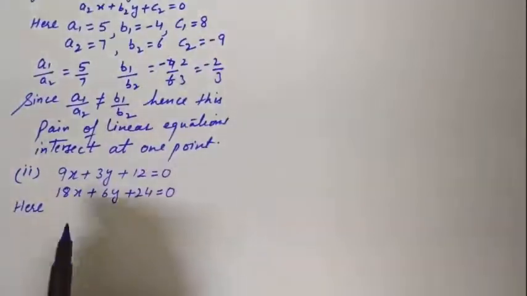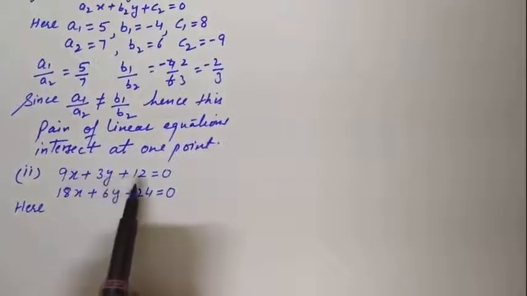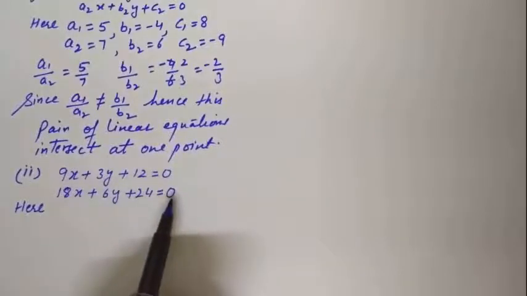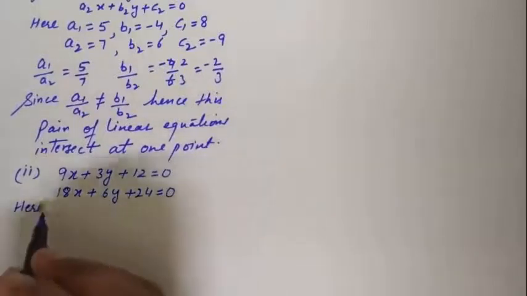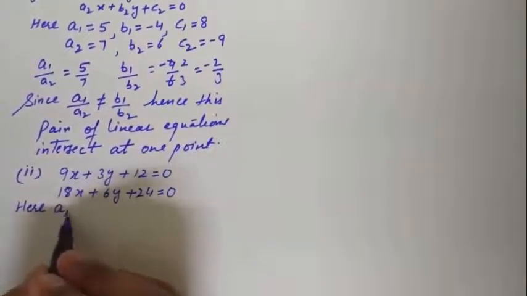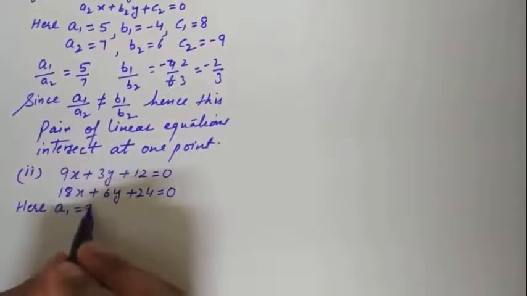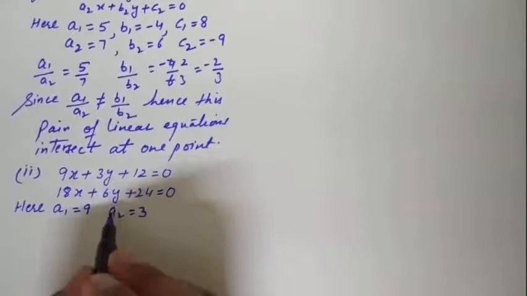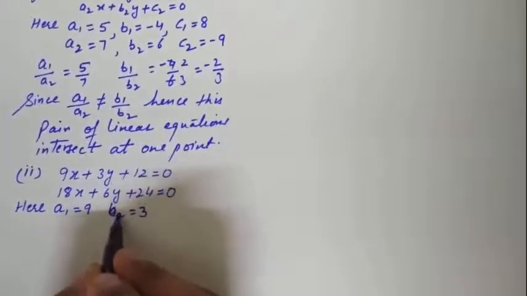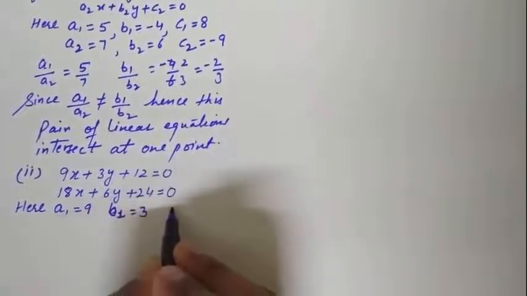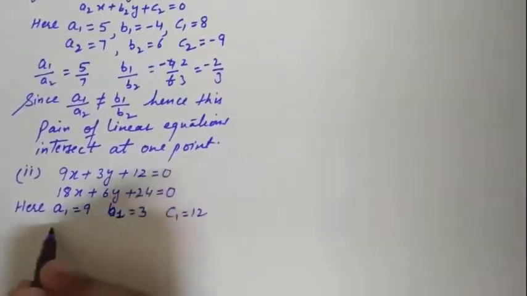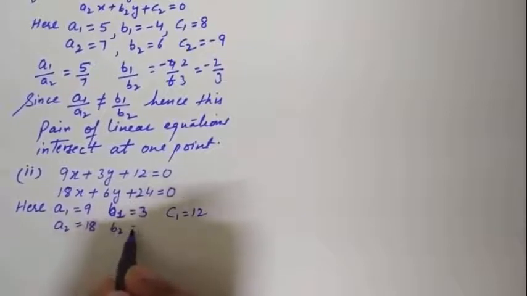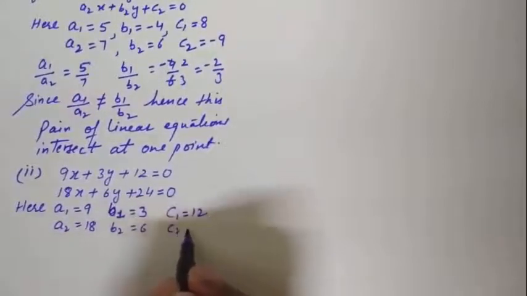So the second part is 9x plus 3y plus 12 is equal to 0 and 18x plus 6y plus 24 is equal to 0. Comparing this with the general form, a1 is 9, b1 is 3, and c1 is 12, and similarly a2 is 18, b2 is 6, and c2 is 24.